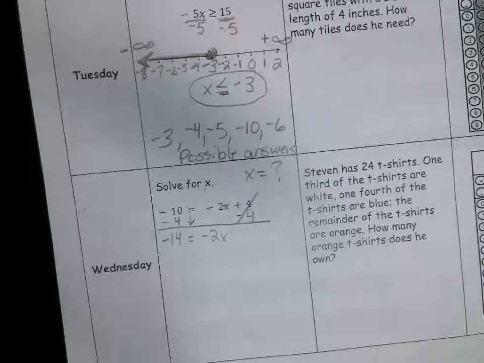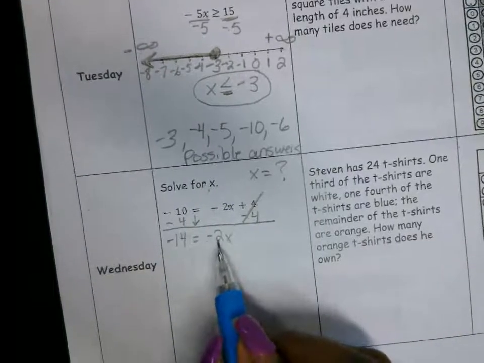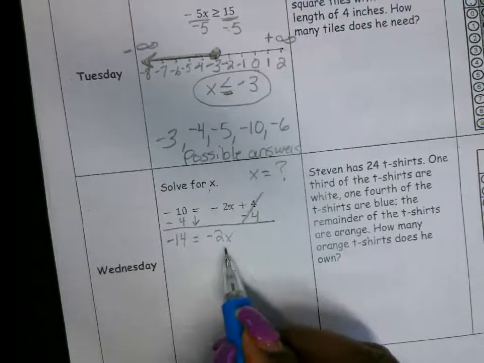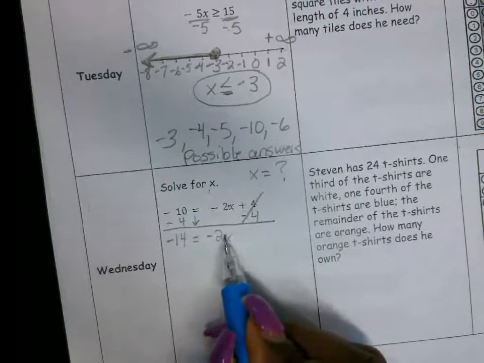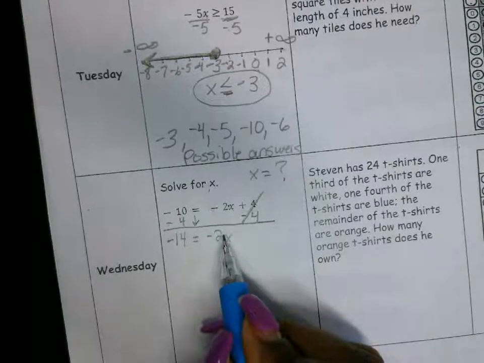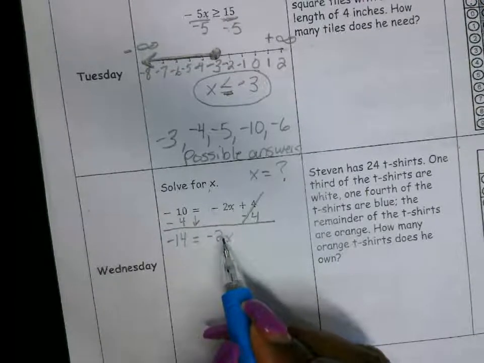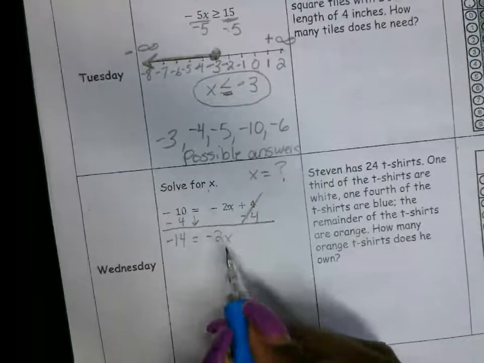Now what do we do to get x by itself? How do we get rid of a negative 2 that's attached by what operation? If you don't see an operation here, what is the automatic operation there? Is it addition, subtraction, multiplication? What's the opposite of multiplication?